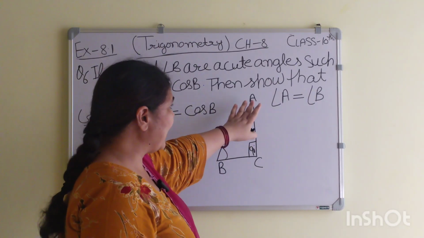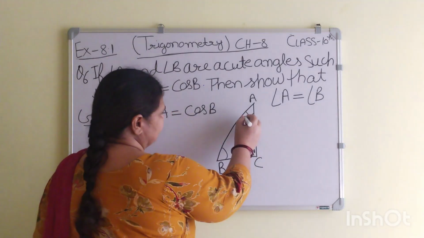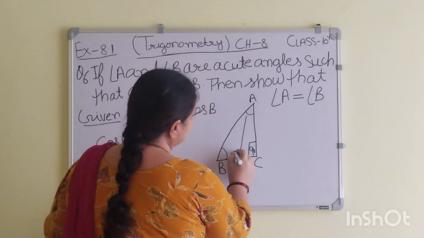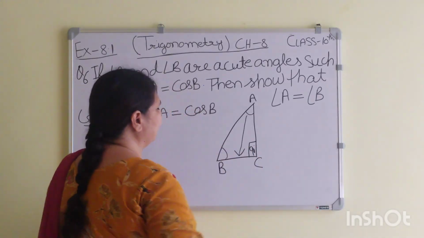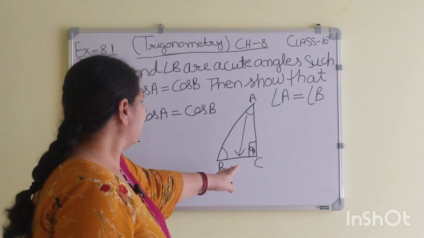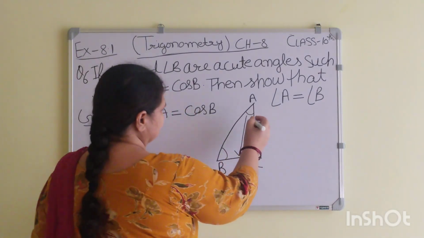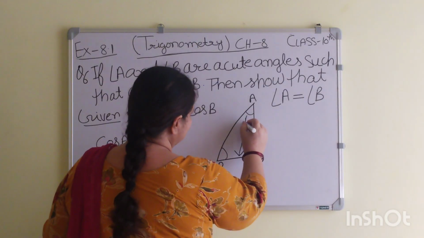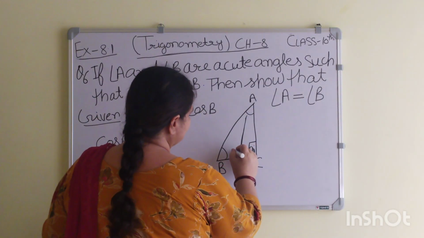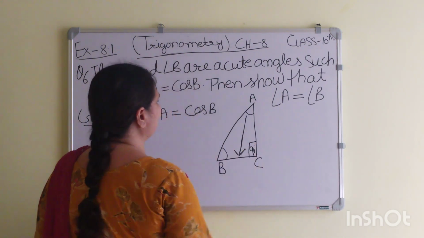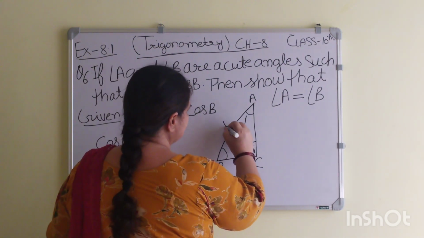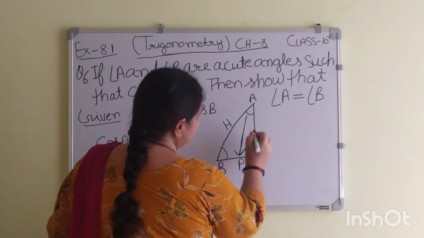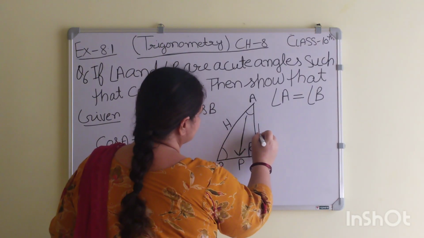According to angle A, this is the perpendicular, this is hypotenuse, and this is base.